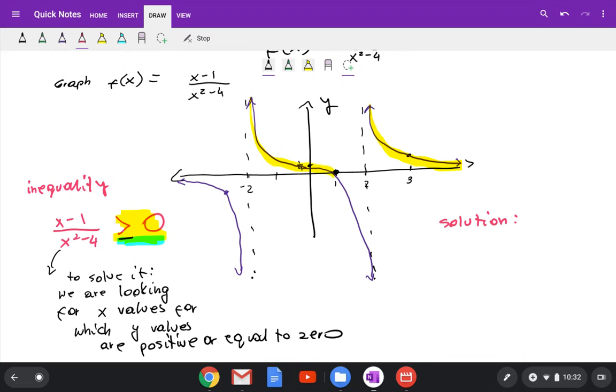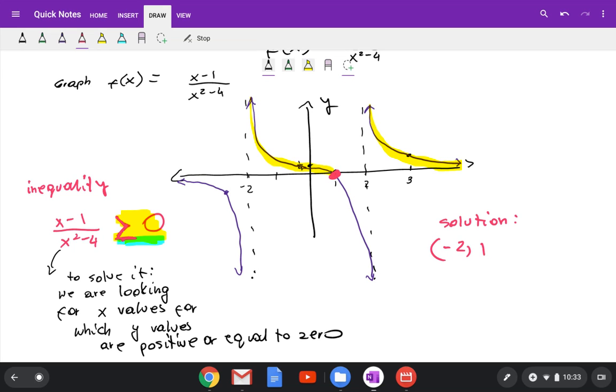This function has positive y values for x from the interval, hopefully you guys see it right here, from -2 to 1. And I'm going to include 1 because this is not a strict inequality.